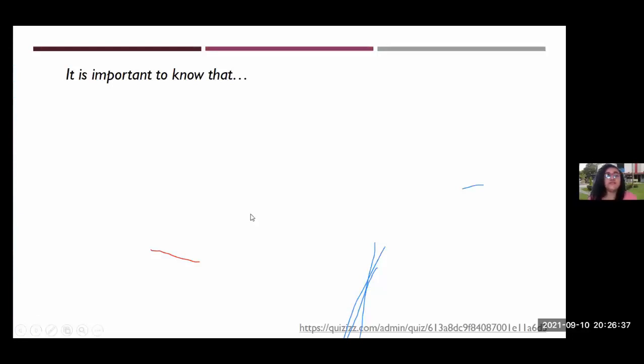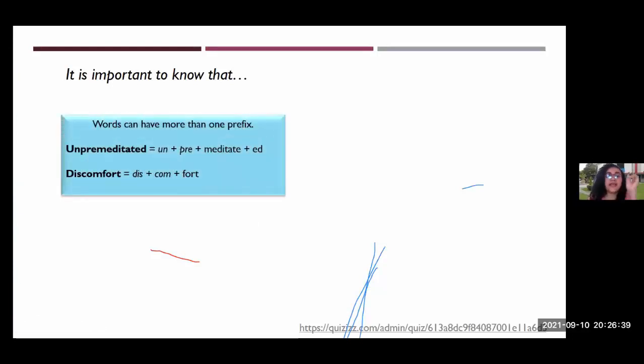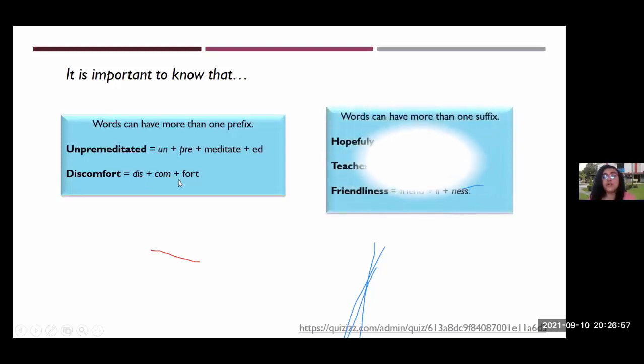It is important to know that words can have more than one prefix. For example, the root is meditate, but you can add prefixes like pre or a suffix ed, right? Comfort, in this case, you can add two prefixes. That's possible. It's also possible that you add more than one suffix to a word.